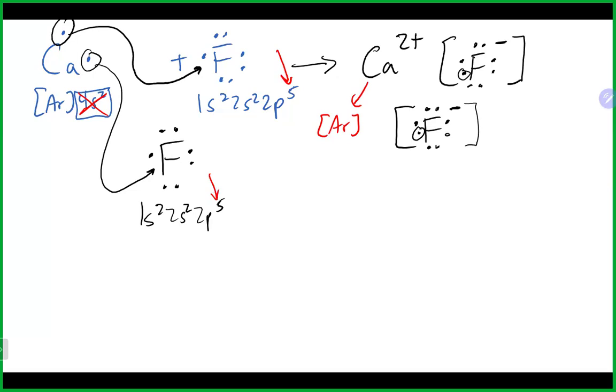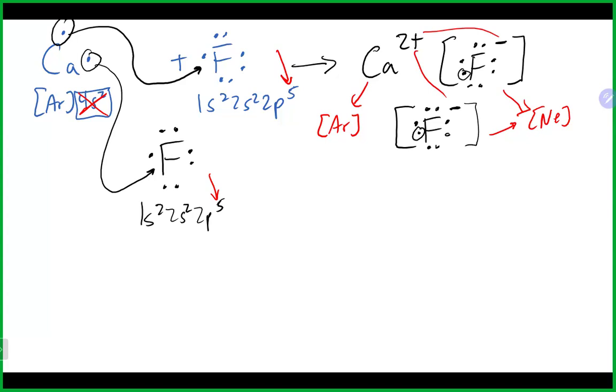And that's going to give each of these fluorines now 10 electrons, which means this fluorine here and this fluorine here has both reached neon's configuration. And that allows all three of them to be stable and create a stable bond. Once again, no sharing of electrons here, just the attraction between the positive and negative there that's holding that together.